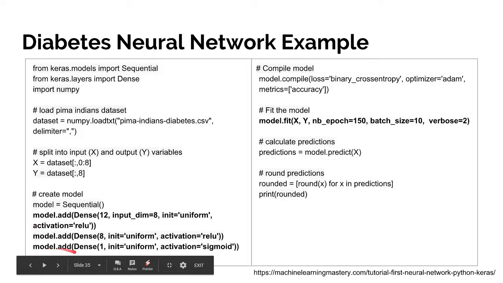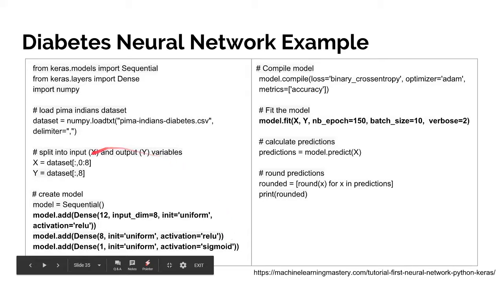And then finally, we add our output node, which is simply a hidden layer, you can think of it, with only one node, which is whether or not they have diabetes. And here the activation, usually for outputs, we use sigmoid because it gives a nice distribution from 0 to 1.